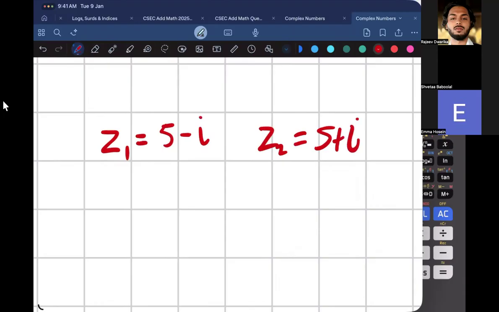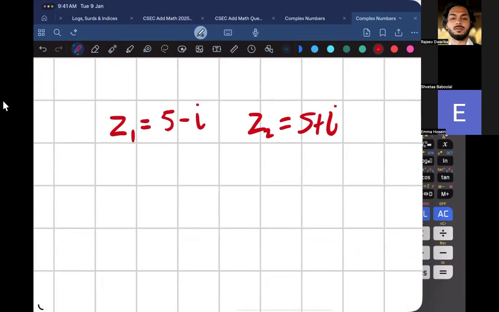We're going to use the equations for the sum and the product of the roots. For the sum, you have z1 plus z2. What would that be? 10.